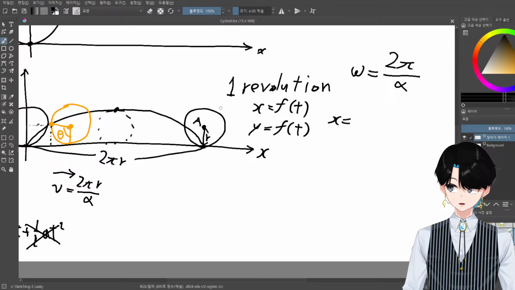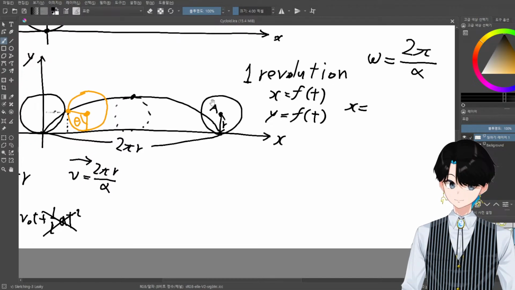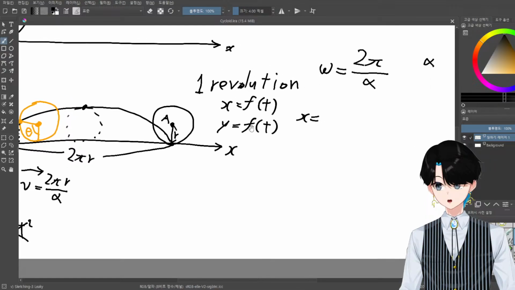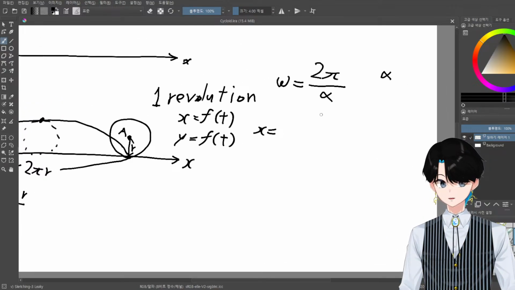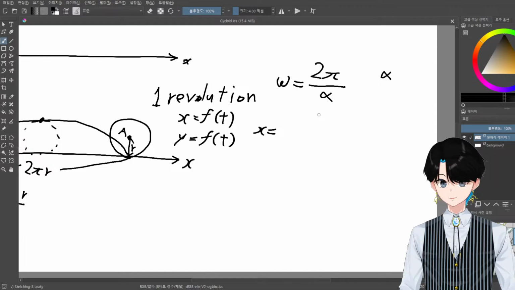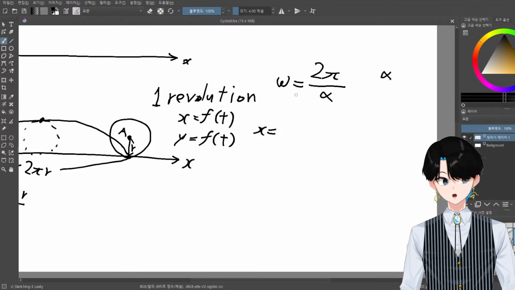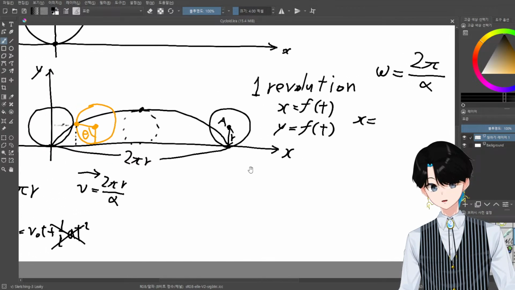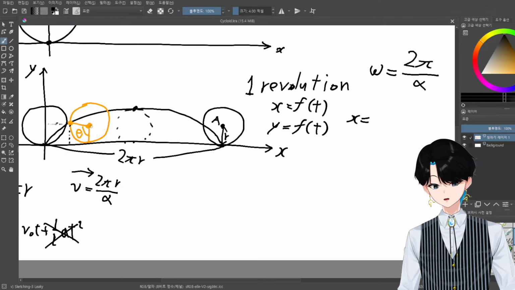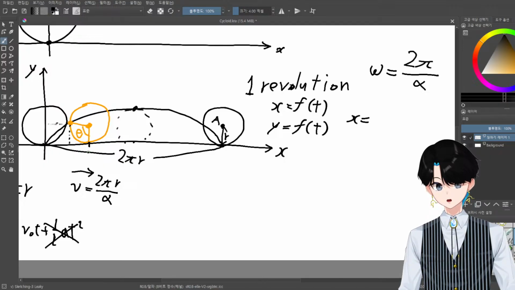T. Okay, now that makes sense. Then, I think I know what this is.